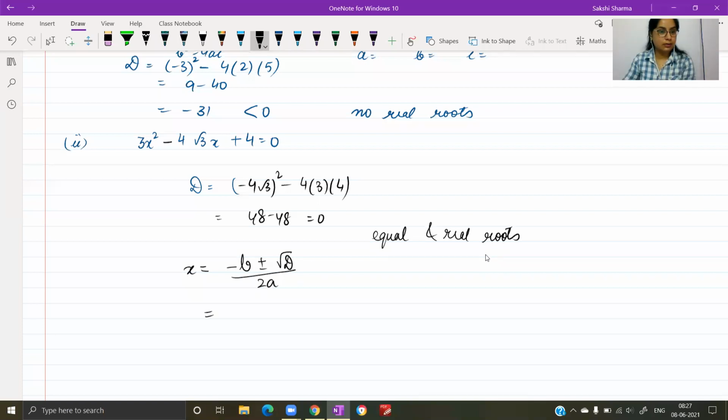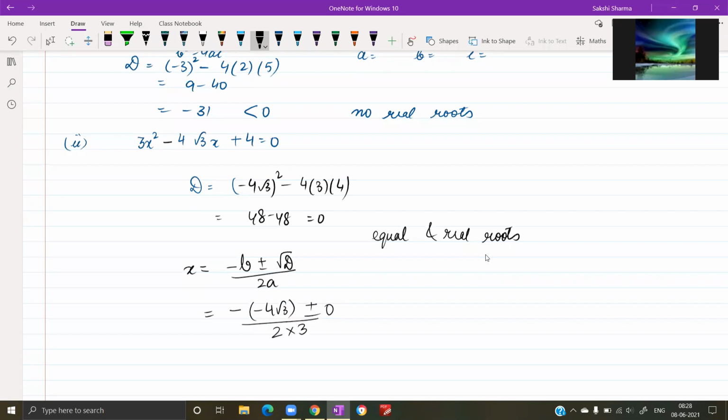Let's replace the variables by their values. Put the values. Bracket minus 4 root 3, plus minus 0, divided by 2 into 3. You can simplify this either by addition of 0 or the subtraction of 0. You will get the same answer. Do write down both the roots, the one you obtain by addition of 0 and the one you obtain by subtraction of 0.